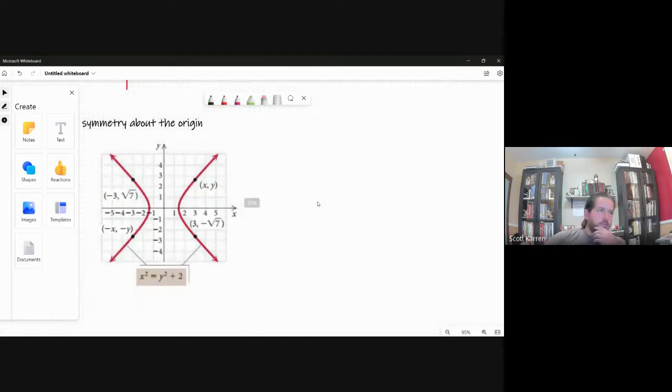And that is to say, if I'm standing at the origin, there we go. If I'm standing right here and I look and I see a spot, then I should be able to look in the opposite direction and see a spot as well. Right? So if I look in this direction until I see that spot, I should be able to look in this direction and see that spot as well.